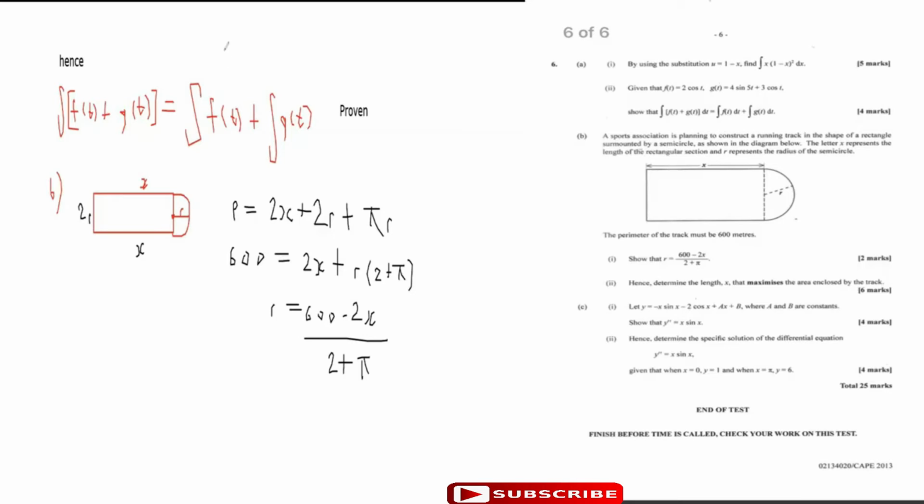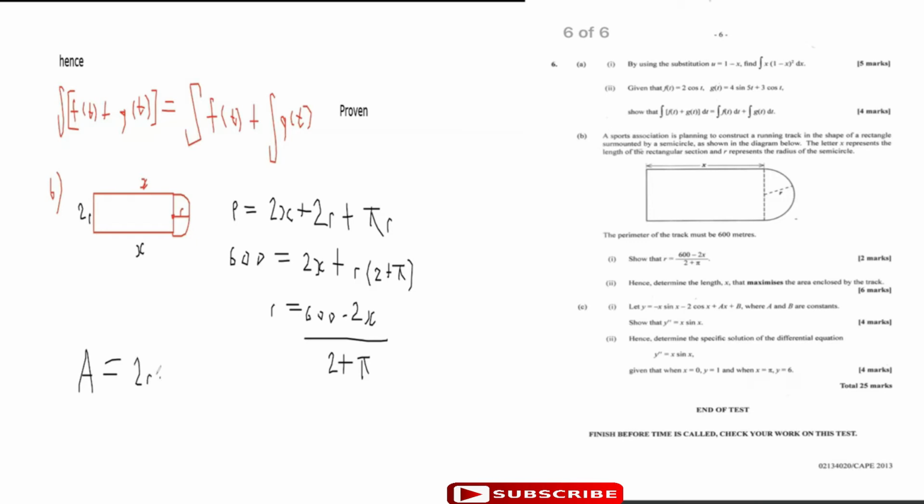So once it's talking about area, I know that the area of this track is going to be equal to the area of the rectangle, which is length times width. So the length is x times 2r, which is 2rx.